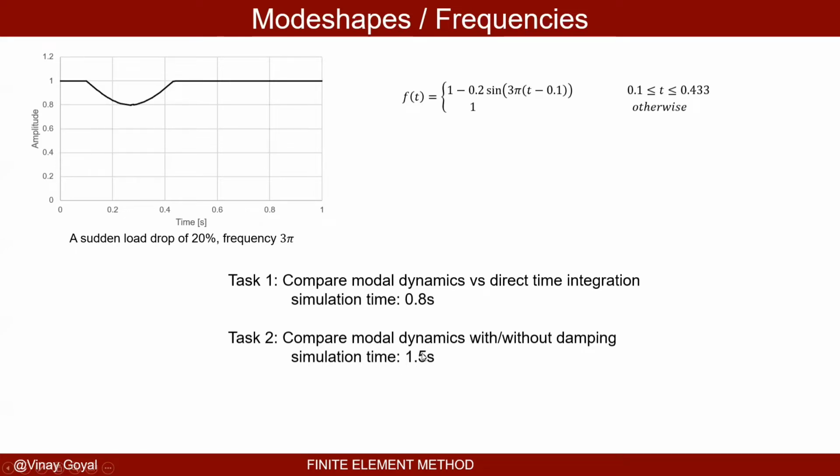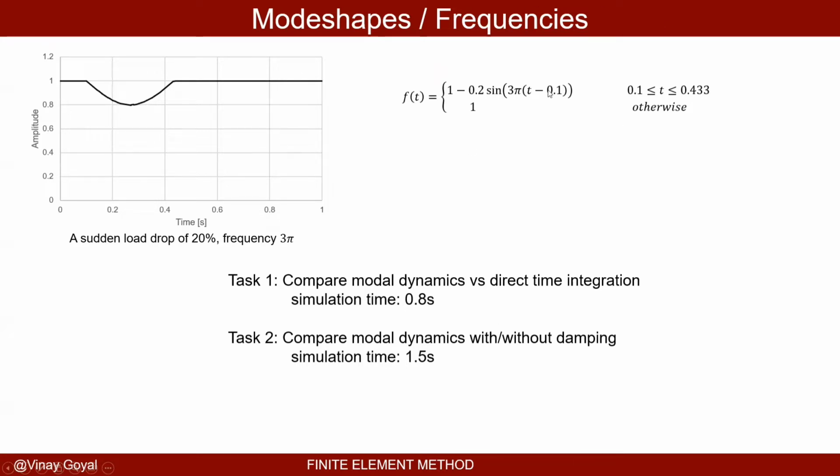Second, we're going to apply damping to the modes and compare the transient response with and without damping. The simulation time we can make longer, 1.5 seconds or even more.